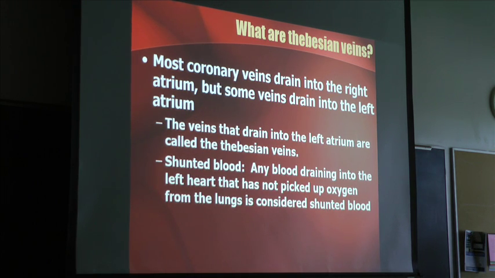And obviously it's okay because our bodies function perfectly normal, having a little bit of that shunted blood in it. So even though we have a little bit of deoxygenated blood entering the left atrium, there's still enough oxygen in the blood to satisfy our needs. It's not really a problem. Everybody has it. It's something that can happen.